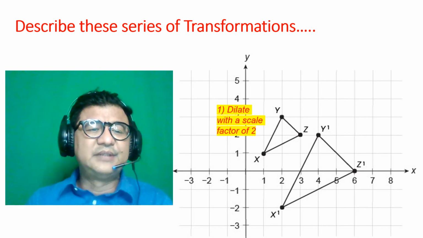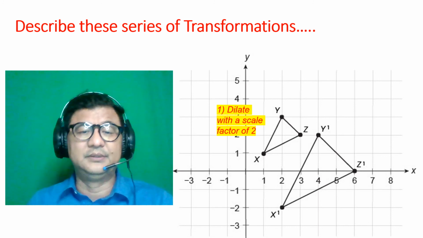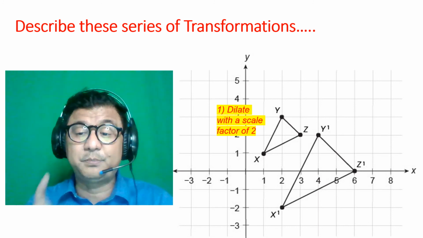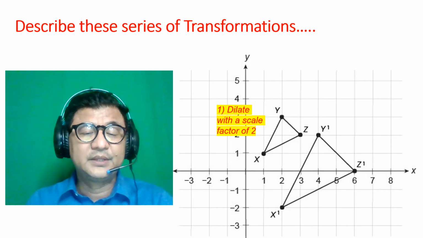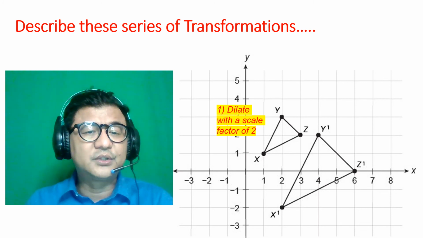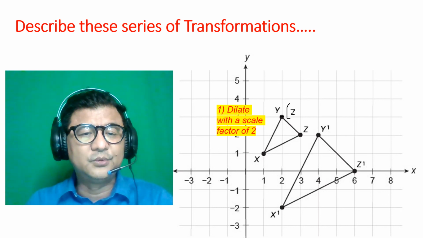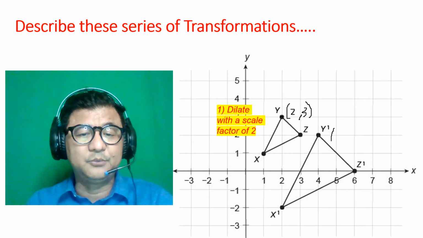Answer. Dilate with a scale factor of 2. Okay, the size doubled. But of course, the corresponding angles are preserved. Now, if it doubles, how do I check that? This is 2, 3. Check out y. Y would be 2, 3. Okay. So therefore, times 2, y prime would be 2 times 2 is a 4.